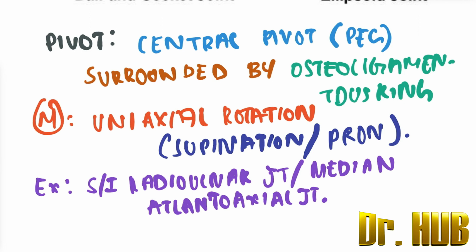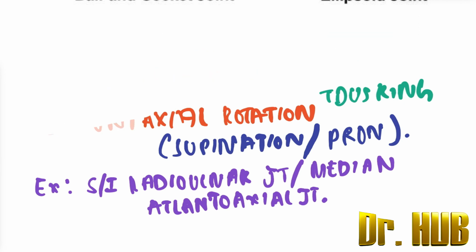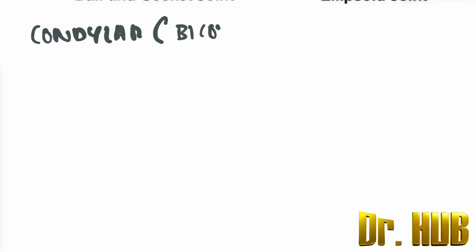Then we move on to the condylar variety. This condylar variety is the bicondylar. What is the articulating surface here? It is two convex condyles.